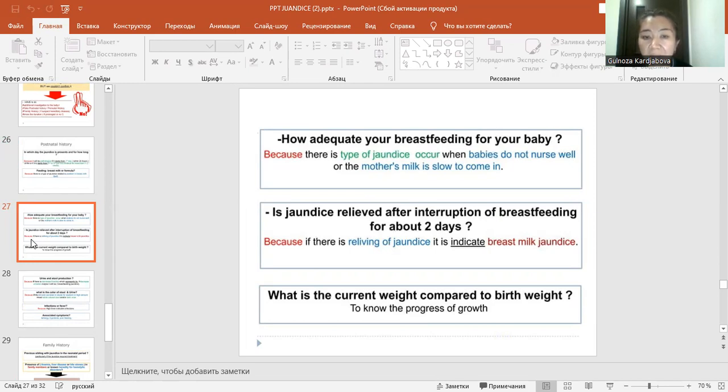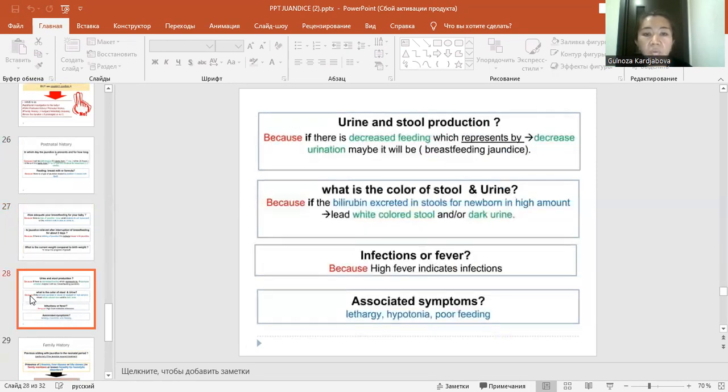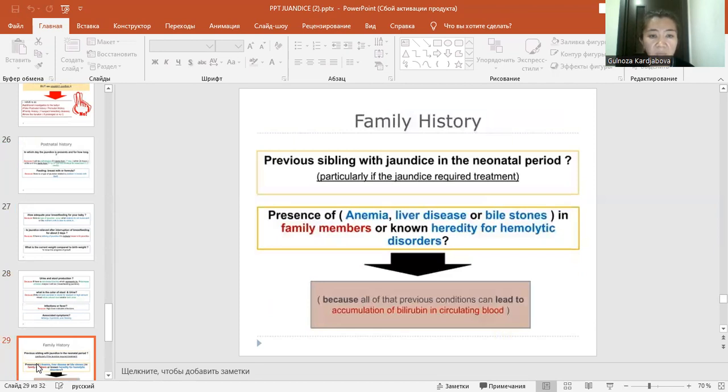Because relief of jaundice indicates breast milk jaundice. The current weight compared to the birth weight shows the progress or regress of growth. Then urine and stool production: what is the color of stool and urine? Infection or fever, and associated symptoms like lethargy, hypotonia, poor feeding will be helpful for diagnosis.